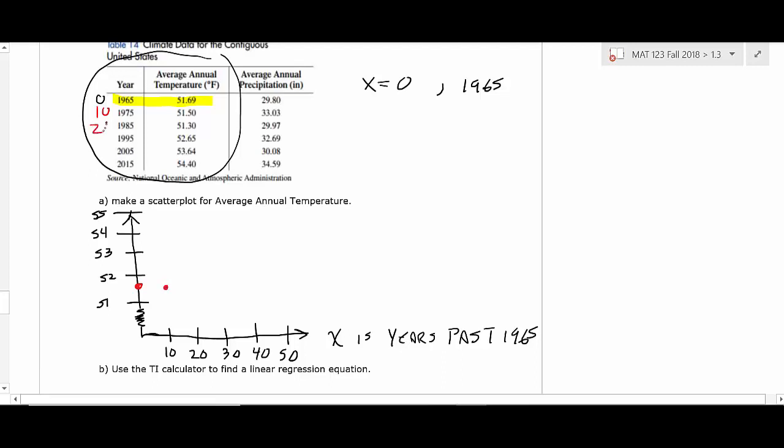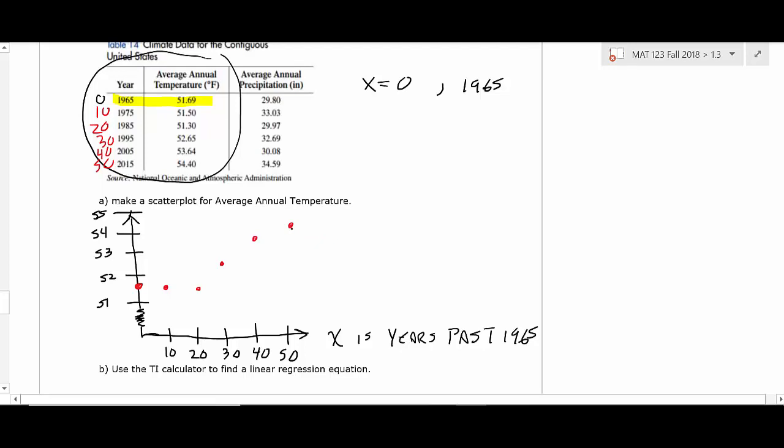Then you go to 20, and it still went down a little bit. Just estimating. And then it starts jumping up. When you go to 30, that's up to about 52.6. Then when you're at 40, you're up to 53.6. And then the last one, you're up to about 54.4, like that.